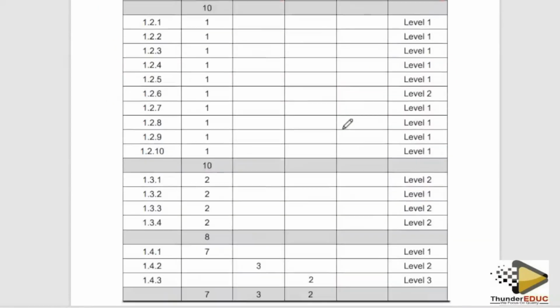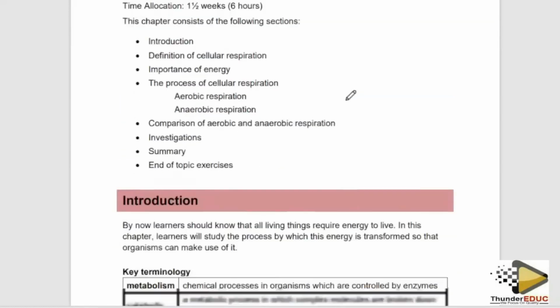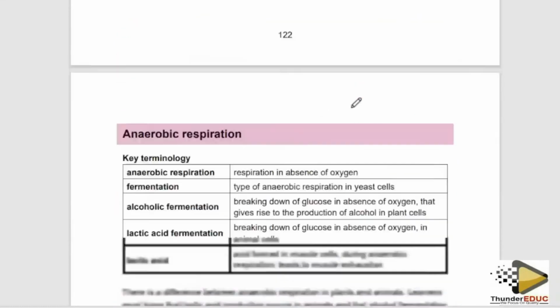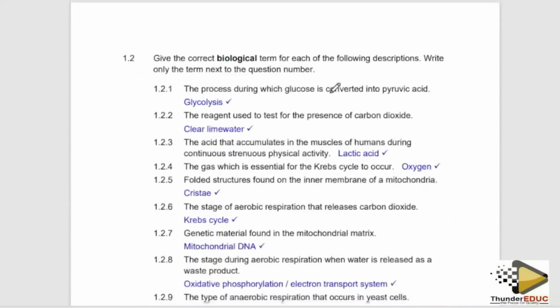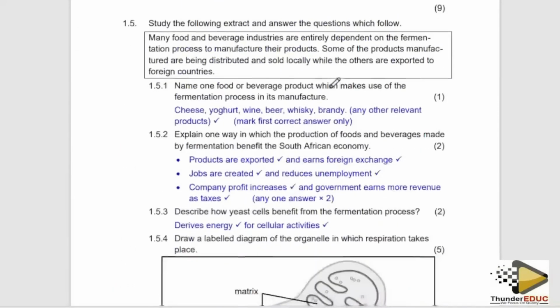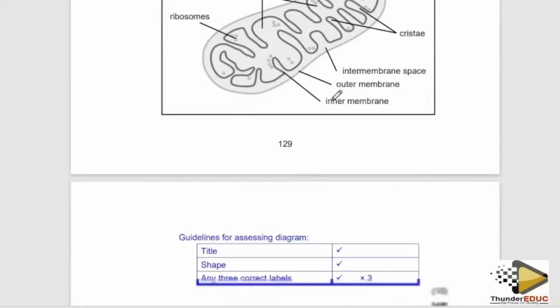You see that we don't have new questions. I'm telling you, we don't have new questions. These are the questions we bring on.